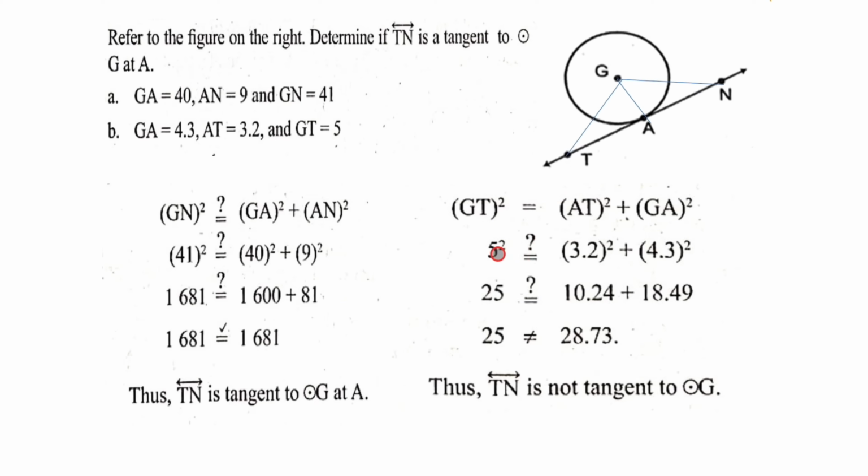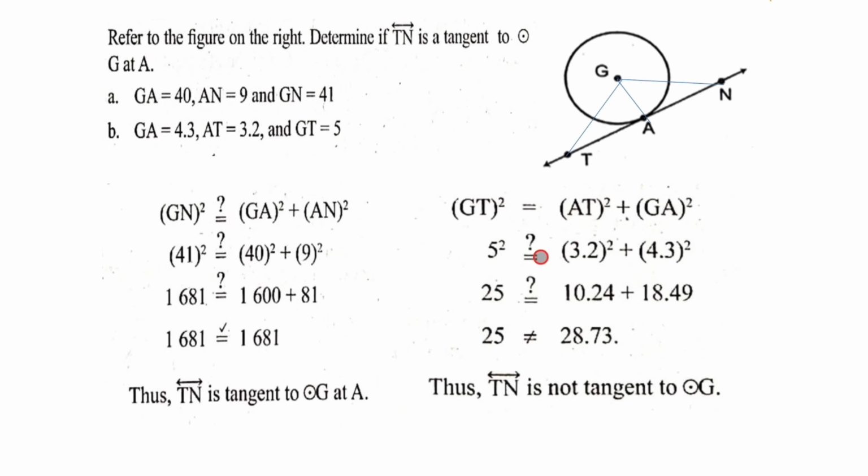So since ito yung magiging hypotenuse, GT is 5 squared. AT from the given is 3.2, which is the adjacent, then the opposite is the GA, which is 4.3.